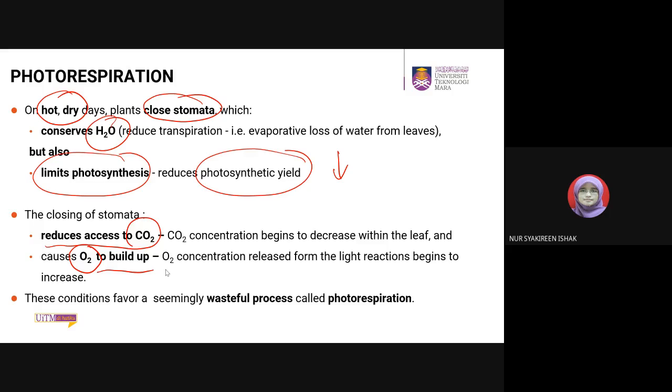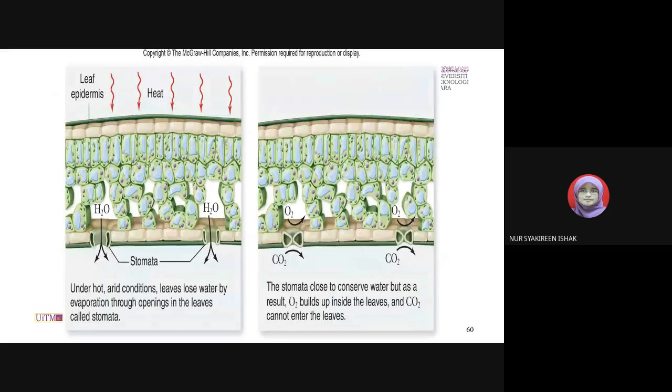So that condition favors a seemingly wasteful process which is photorespiration. So kalau tengok gambar ni, during hot dry day, stomata close kan, so carbon dioxide tak boleh masuk, oxygen tak boleh keluar. Dia punya benefit hanya adalah dia akan reduce water loss, reduce transpiration, tapi dia akan menyebabkan photorespiration berlaku and reduce photosynthetic yield.